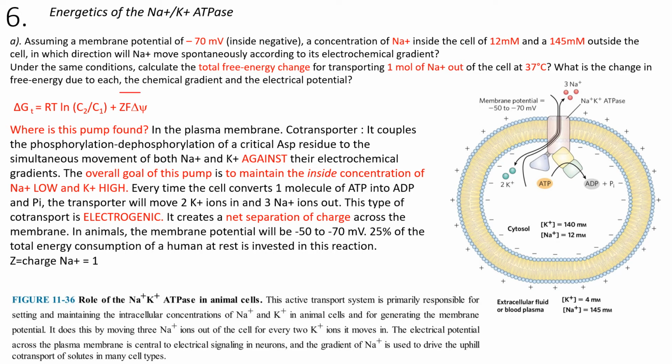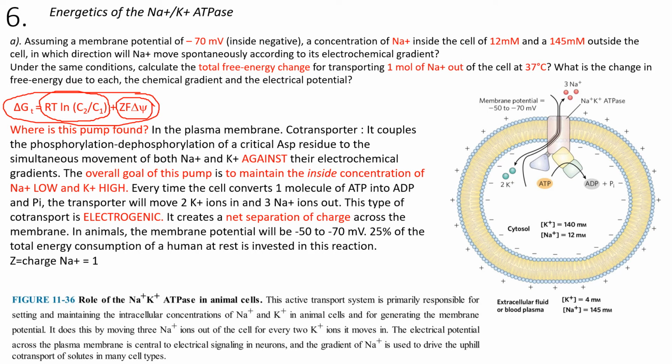So you're going to be using this equation here. So this value here is the chemical, and this is the electrical. Okay, that should be enough to help you answer that question.